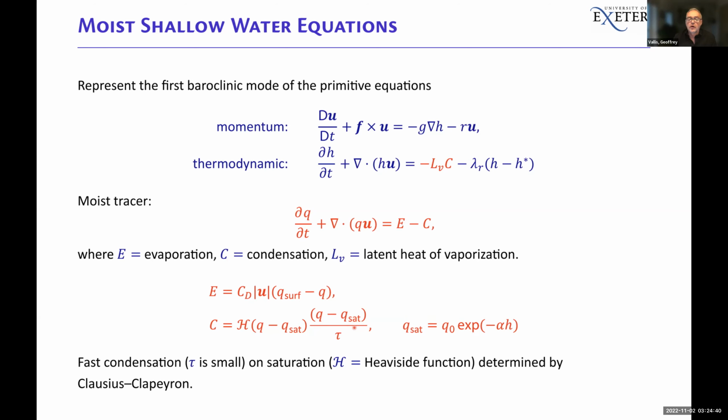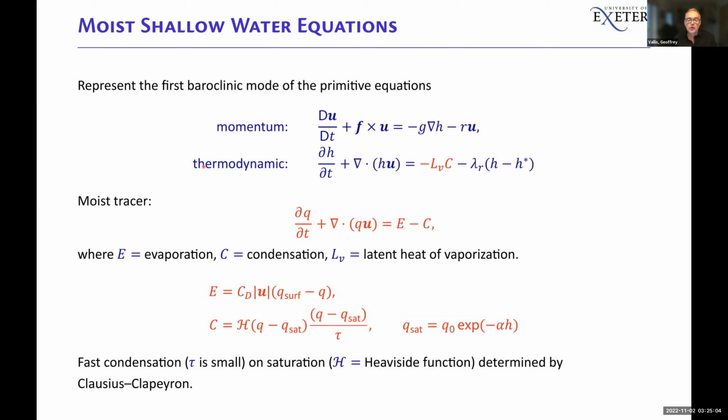And rather approximately, Clausius-Clapeyron tells us that the saturation vapor pressure varies exponentially with temperature, which I've represented by this equation here. There's a negative here, H is a negative temperature in my system.